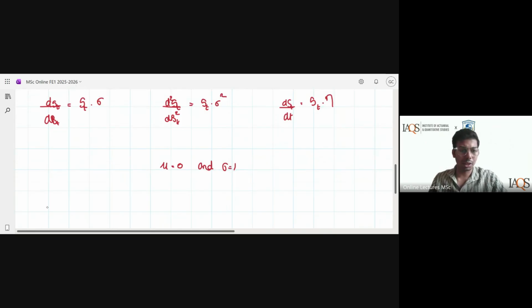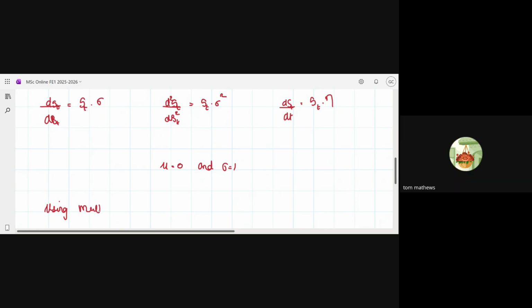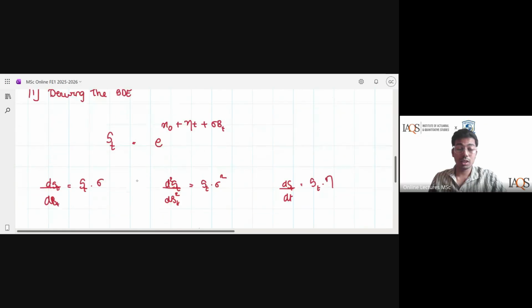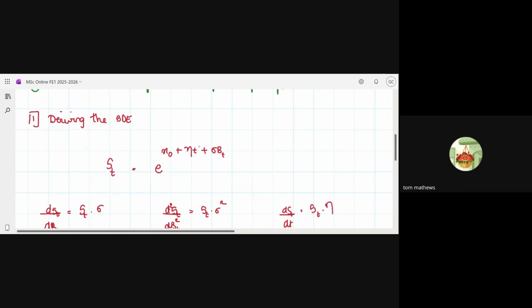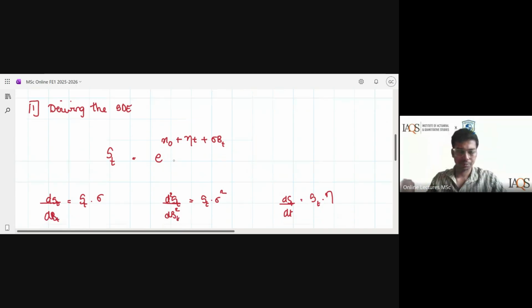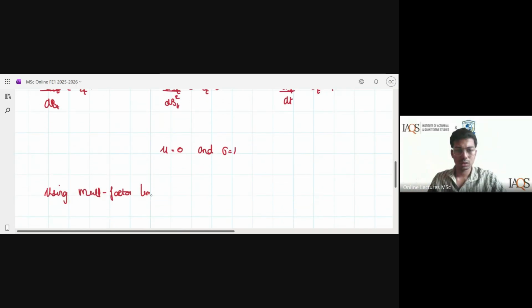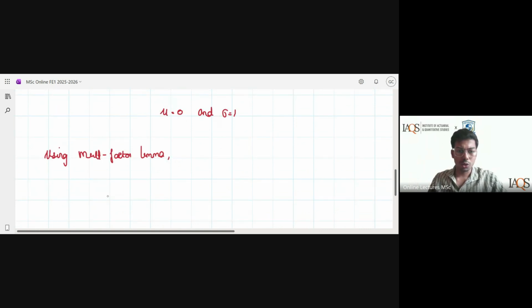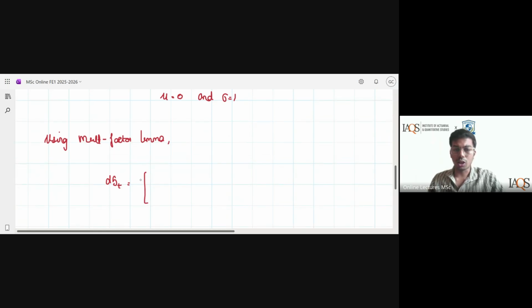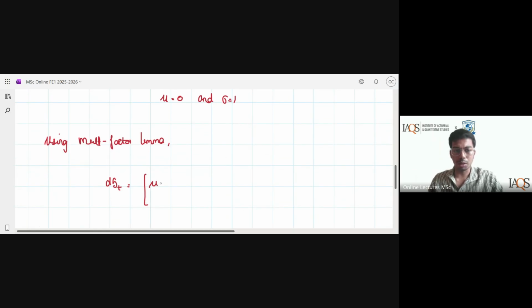Now let's apply the multi-factor lemma. Eta into t. So now using the multi-factor lemma, can I say dHt is equal to? All right, let's write the multi-factor lemma first.